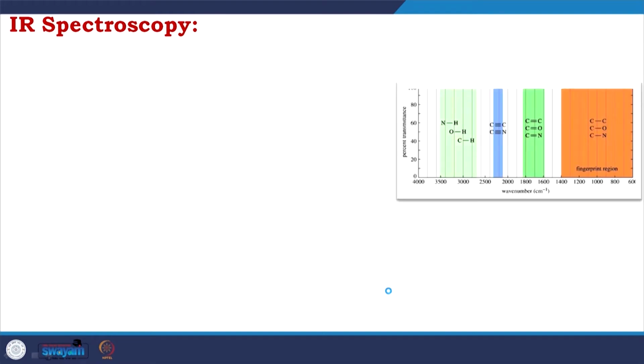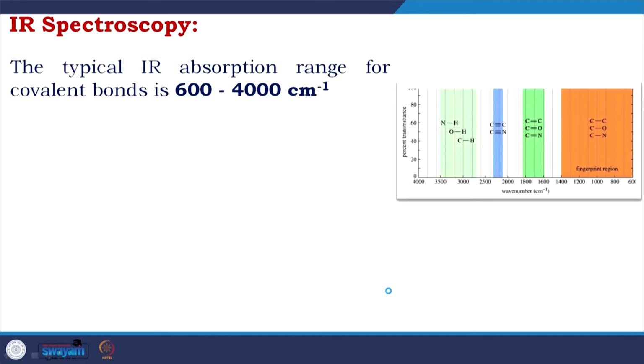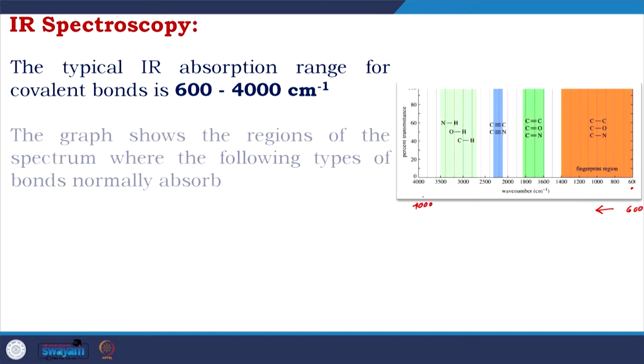IR spectroscopy for different molecules. A typical IR spectrum range for a covalent bond is 600 to 4000 centimeter inverse. If you see here, it is 600 to 4000, that is the range. The graph shows the region of the spectrum where the following types of bonds normally absorb.